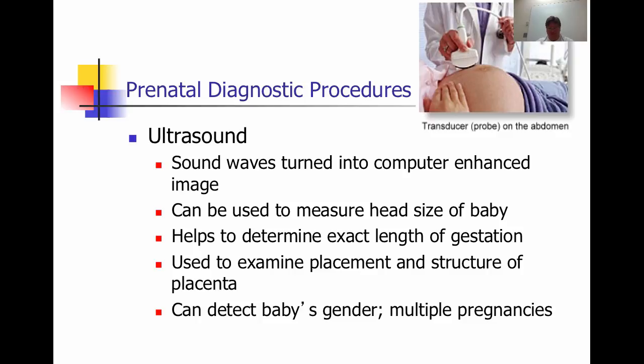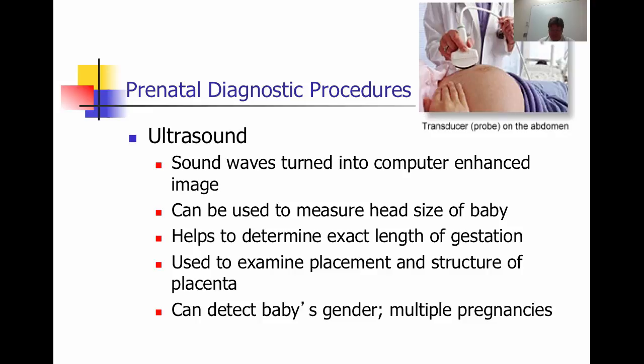So ultrasound, also known as a sonogram, is administered by placing a small transmitter on the abdomen of the pregnant woman. The abdomen is often lubricated so the transmitter can be easily maneuvered into the best position to see the fetus.